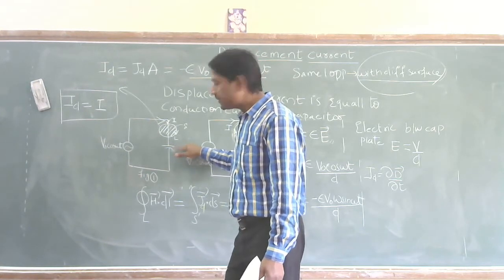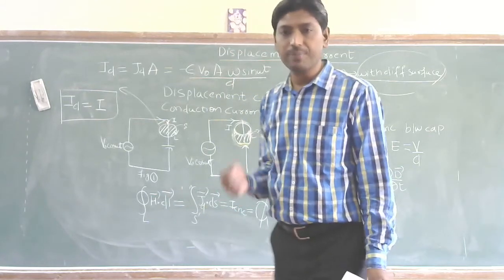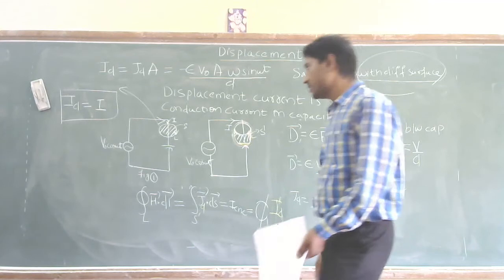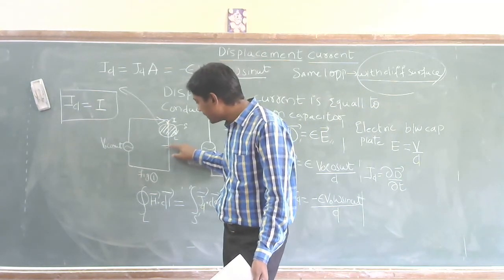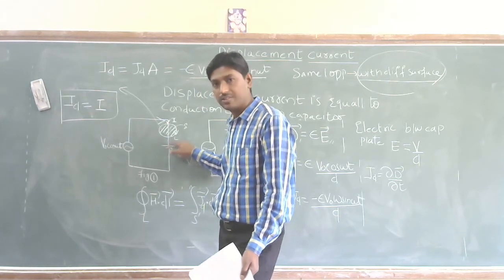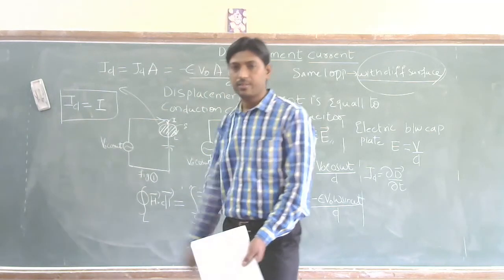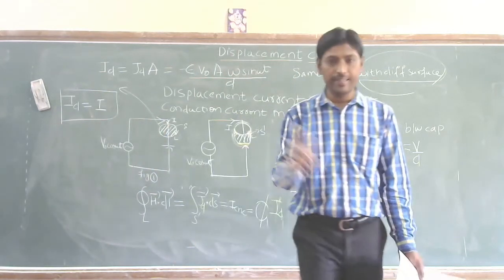In between is a dielectric, and in that dielectric we have the displacement current, which is equal to this conduction current. And here again we have the displacement current, same as this one. Hence you have a closed loop flowing the same current.